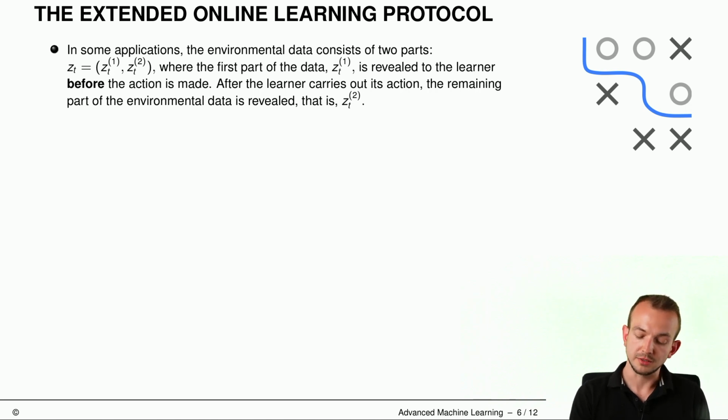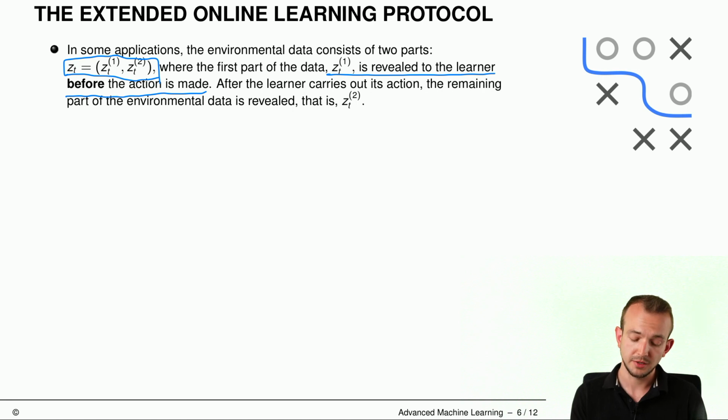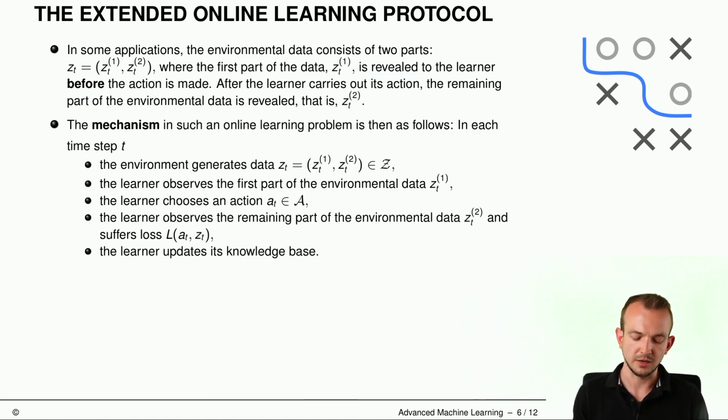Namely, we will assume in some cases that the environmental data point consists of two parts, ZT1, ZT2. The one part is revealed before the action is made by the learner, and the second part is only revealed after the action or the prediction of the learner is done.